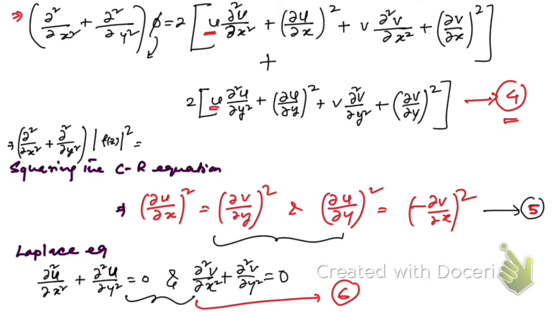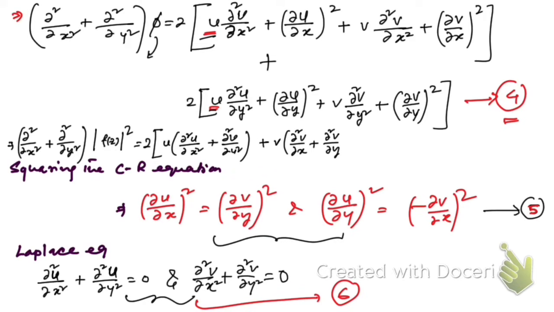Then if you take u common, then here you can have u within bracket second order derivative of u with respect to x, then plus second order derivative of u with respect to y, right? Then similarly plus if you take v common from these two, then what you're gonna have? V second order derivative of v with respect to x plus second order derivative of v with respect to y.